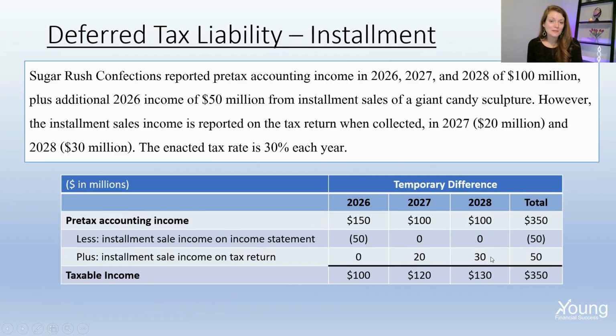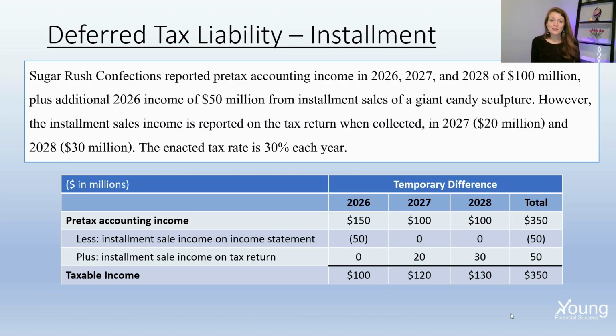But for tax purposes, they say you got 30 million. This is when you need to pay taxes on it. So for tax purposes, they're going to pay taxes on the 130 million. So while our income statement is showing that we have extra income in 2026 from delivering that candy sculpture, for tax purposes, they say, no, wait until you actually get the cash.